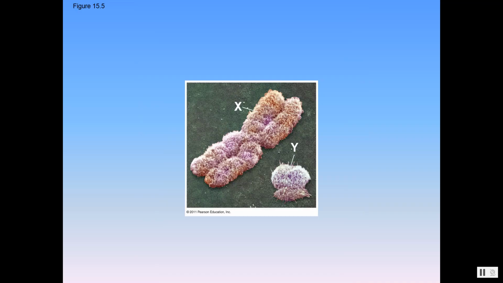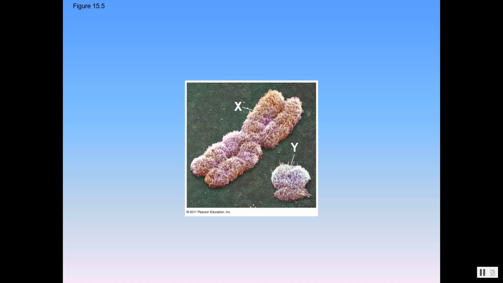And lastly, one sort of different type of inheritance pattern is called X-linked. These are called sex-linked genes and traits. That means that there is a gene on either the X or the Y chromosome that is more prevalent in one gender.